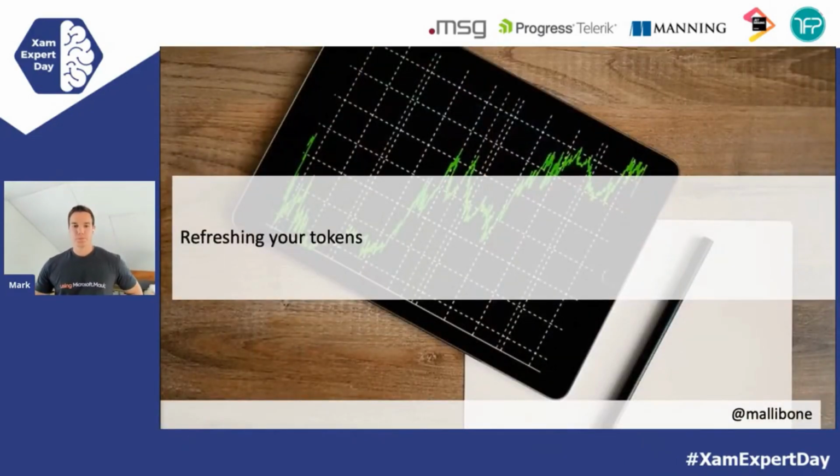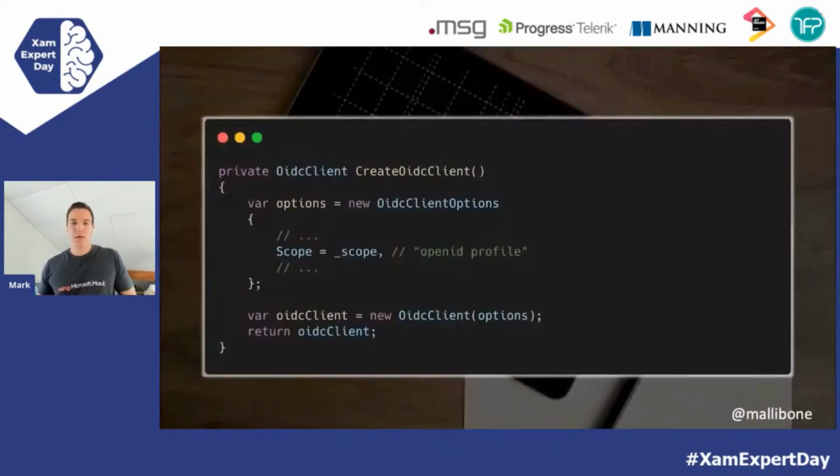Now, when we look at the OIDC client options, which we used at the beginning, the scope. So in the scope, we say, I would like to have access to certain properties. You could add additional properties in here. You can use scopes for scoping in your API usage that you want, or also for requesting access, as I said before, like from a graph API type of service that would then give you these things.